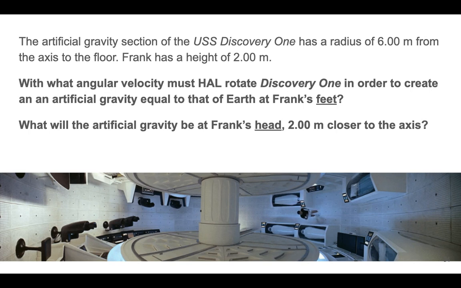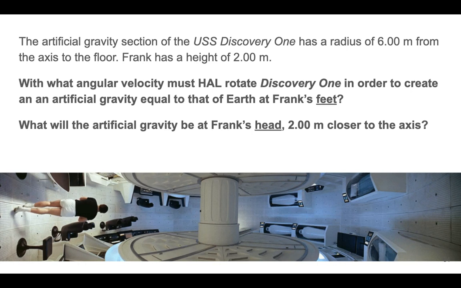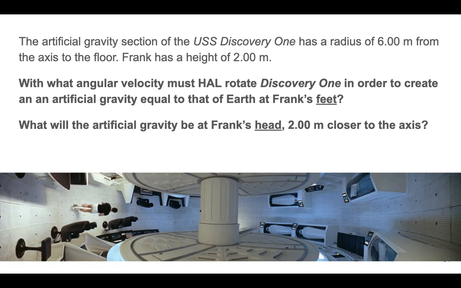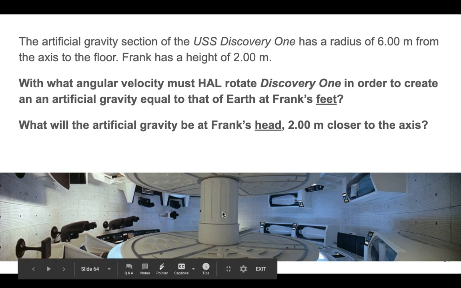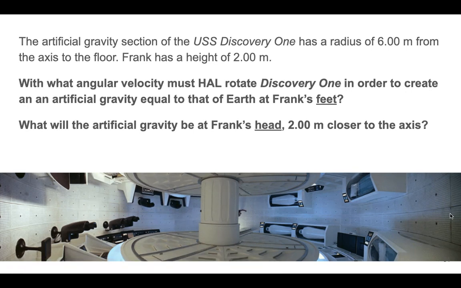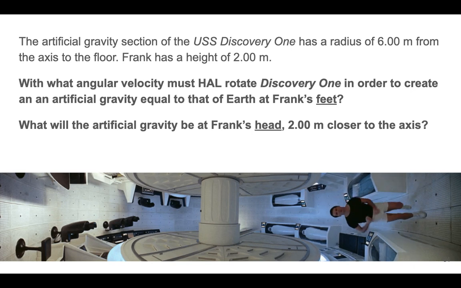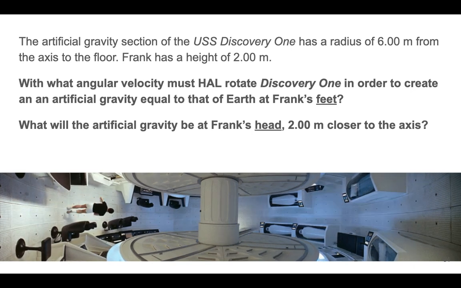So, the artificial gravity section of the USS Discovery 1, which was the name of the spaceship in 2001: A Space Odyssey, has a radius of 6 meters from the axis to the floor. So from this part here over to the floor in any direction, this is a circular part, that radius is 6 meters. I'm guessing that Frank's height is about 2 meters. So, a couple of questions. With what angular velocity must HAL rotate the spaceship in order to create an artificial gravity equal to that of Earth at Frank's feet? HAL is the computer that controls everything on the spaceship, and I don't want to ruin it for you.